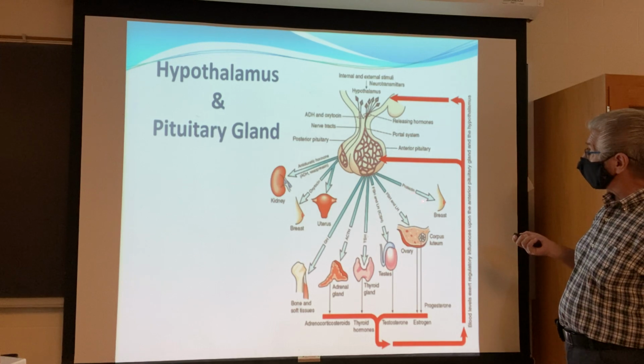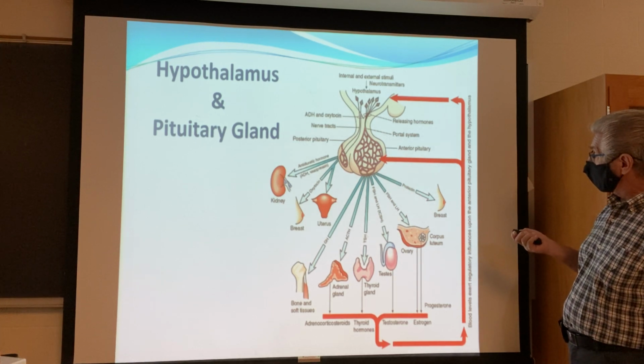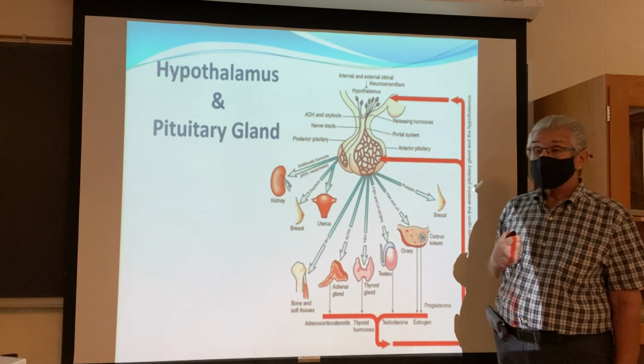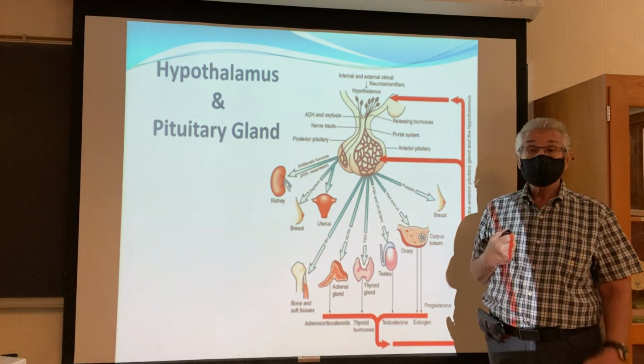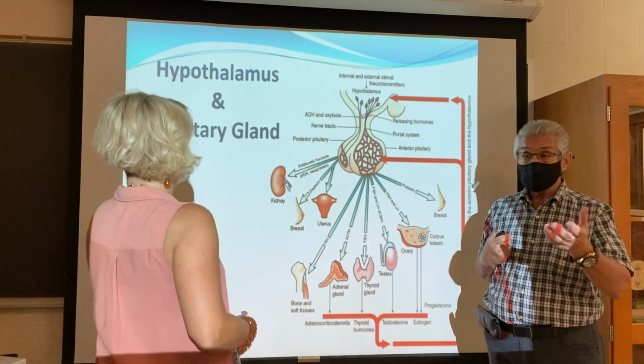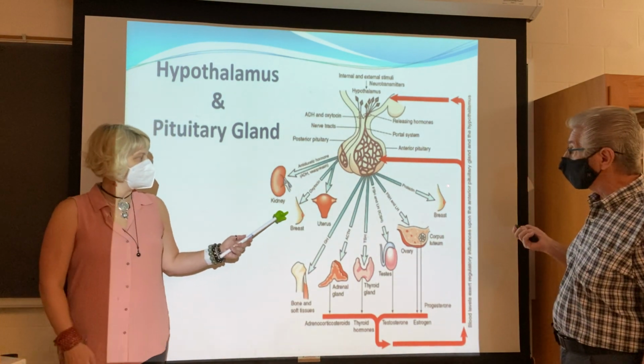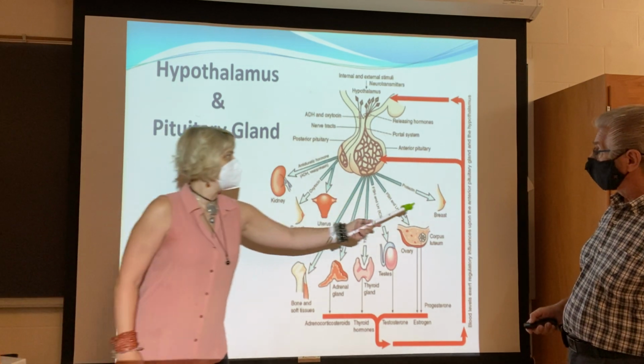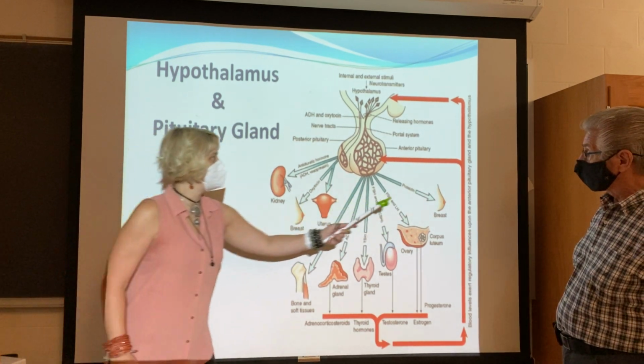The last one, of course, is prolactin, and prolactin stimulates the production of milk, nutrients for the infant once it is born. Let's point out the difference here. I just want to point this out because it's quite important.